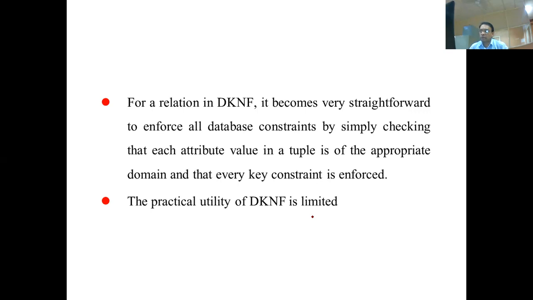How are we going to enforce it? By checking the domain of that particular attribute and checking whether the key constraints are satisfied or not. The practical utility of domain key normal form is limited, because it is very difficult to enforce complex constraints using DKNF. So that's it. This will be the end of this session.